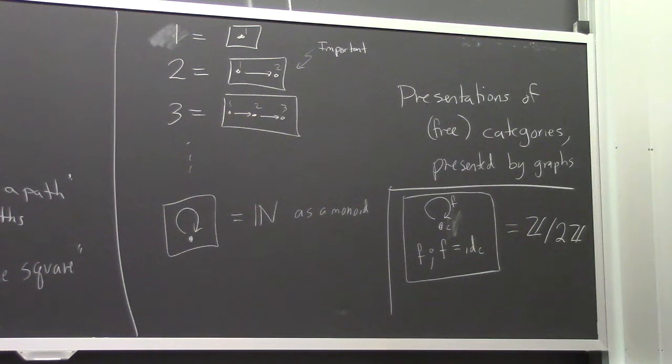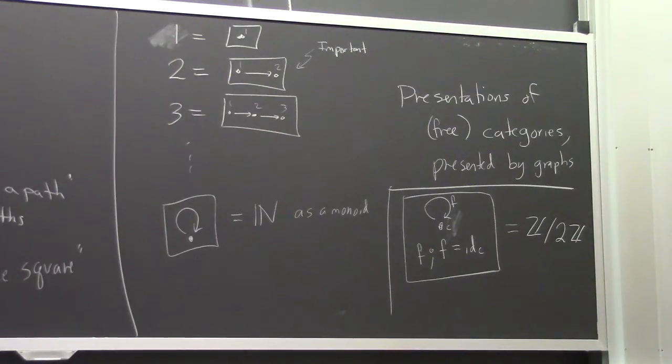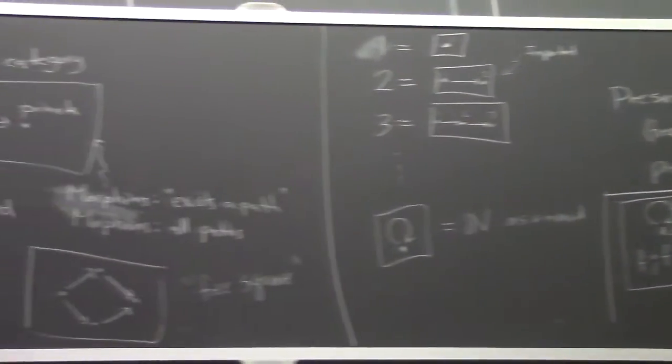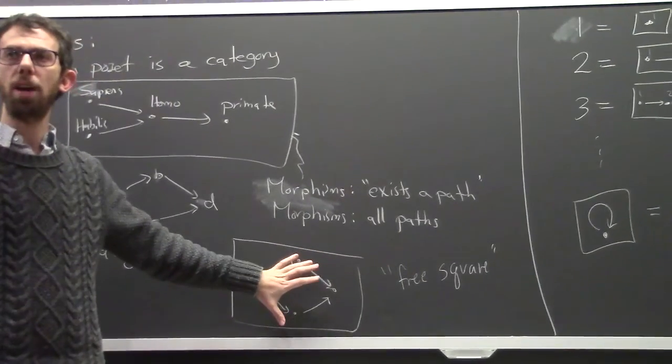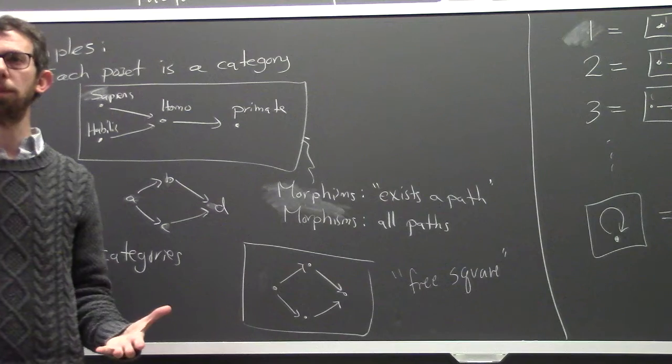I'm not sure I get the idea of morphisms. For the free square, why isn't it an infinite number of paths because you have composition? Right, so in the free square, these are just notation. It's the notation of a graph, and then that graph corresponds to a category. How do you get a category from the graph?